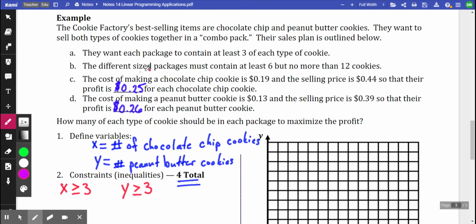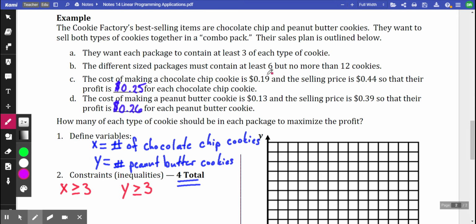And if you read up top, you see that there's a couple more values being described up here in part B of the sales plan. Those are representing a couple more constraints that we have. So this is saying that your combo pack must contain at least 6 cookies. Okay, so in other words, your combination of peanut butter and chocolate chip cookies should at least be 6.